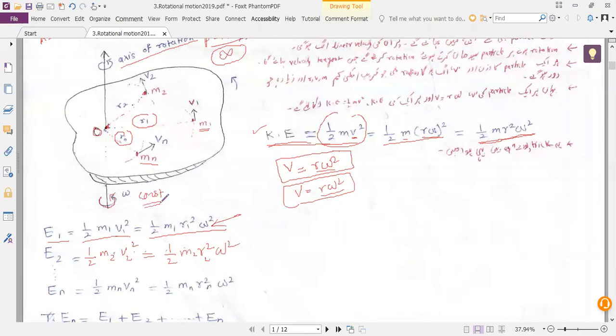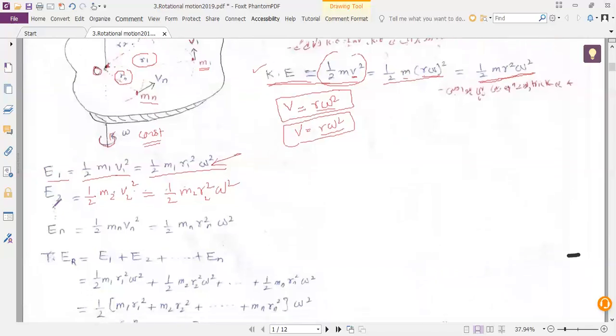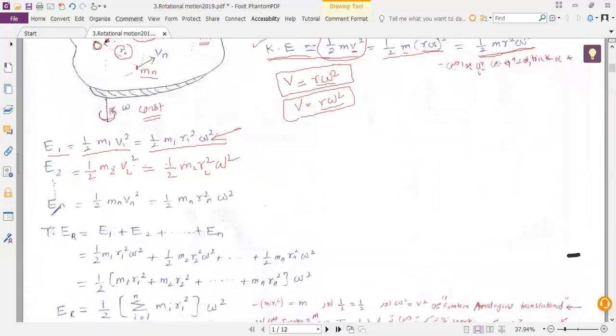Why is omega constant? For each particle, the angular velocity is the same. Okay. So we have an infinite number of particles, so we can represent this by dot dot dot En. En represents the kinetic energy of the nth particle, equal to 1 upon 2 mn vn square, which is half mn rn square omega square.